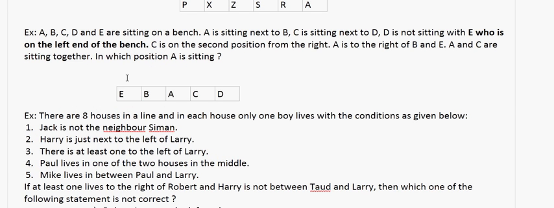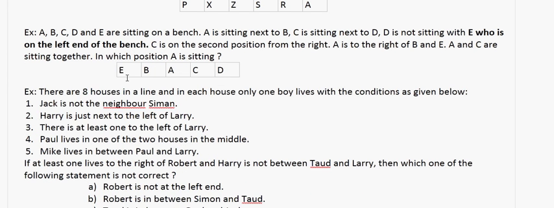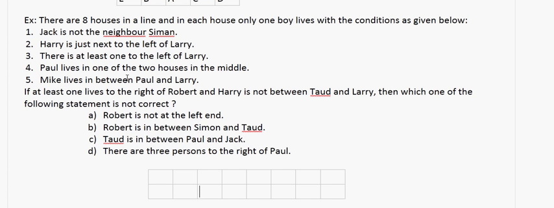Our task is to reduce the number of cases as far as possible, right? So it says there are 8 houses in a line, and in each house only one boy lives, with the following conditions. Jack is not the neighbor of Simran. Hari is just next to the left of Larry, right?